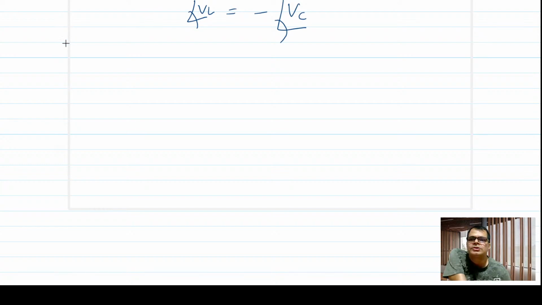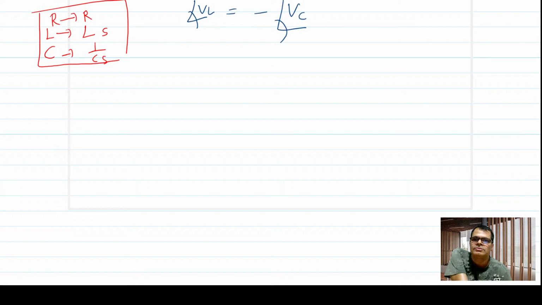Here, just remember that whenever you have L in the frequency domain, in the Laplace domain, it is Ls. When C is there, then 1 upon Cs. R remains R. This is sufficient to analyze the circuit.